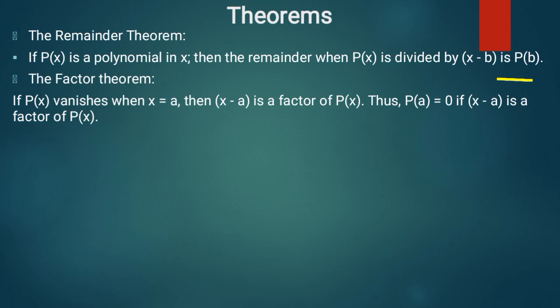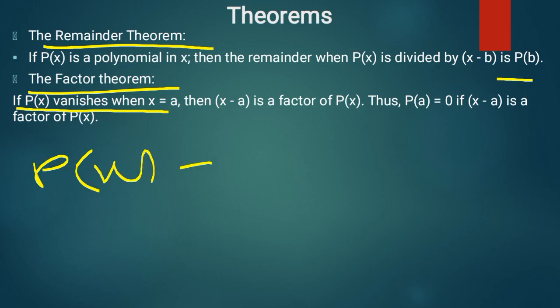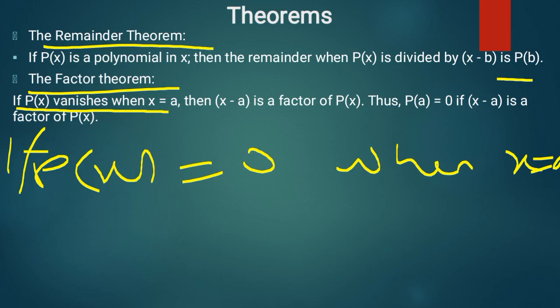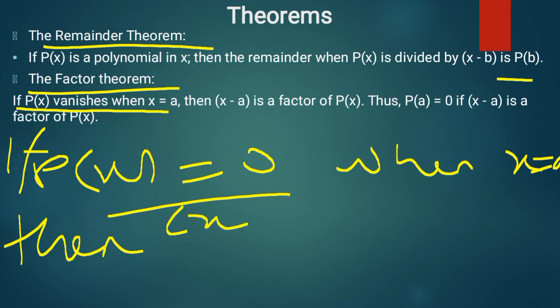And then the next is what we call the factor theorem. The factor theorem says that p(x) vanishes, meaning that p(x) goes to 0 when x is equal to a. So if p(x) goes to 0 when x equals a, then x minus a must be a factor of the polynomial p(x).